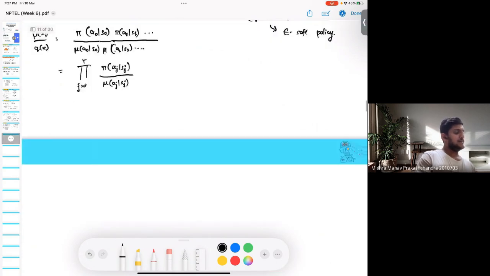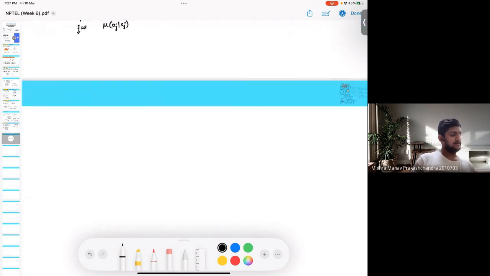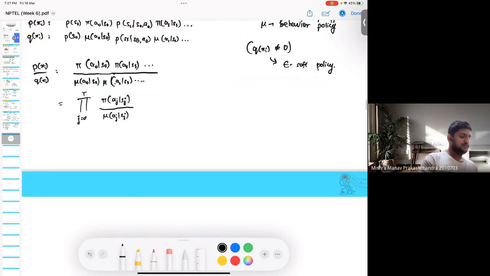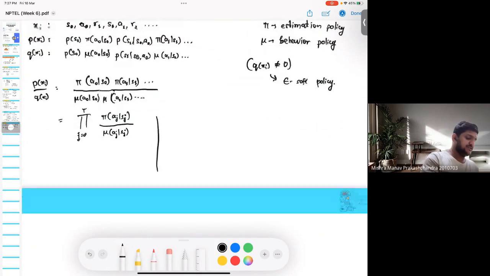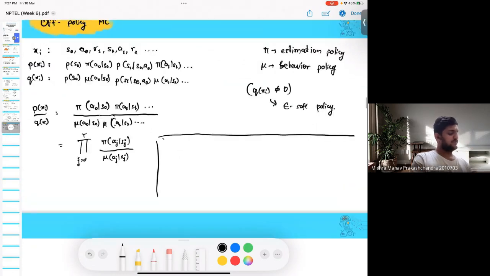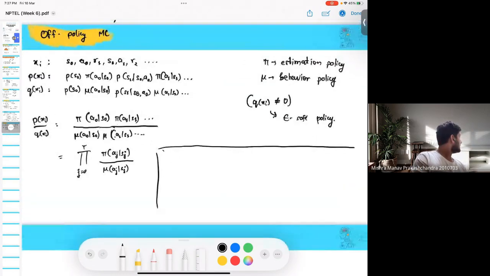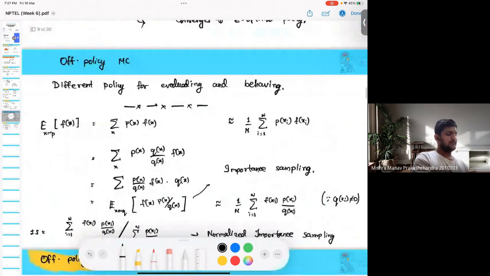Now, if we look at the original equation that we had, I'll write it here. My expectation of f of x: if my xi are the trajectories, then the f of xi that I'm evaluating would be the corresponding reward, correct?